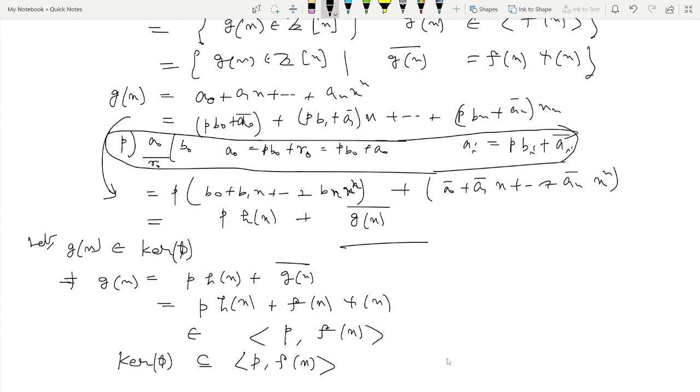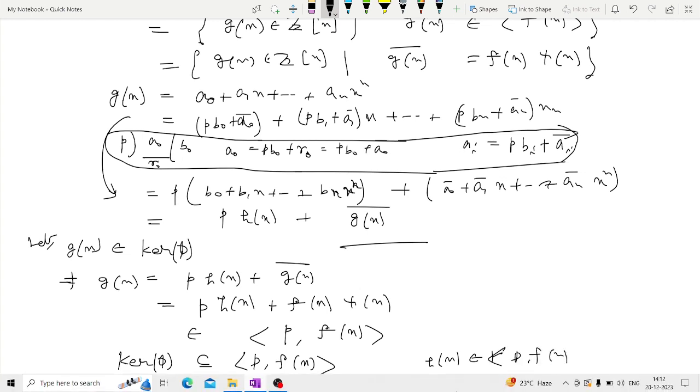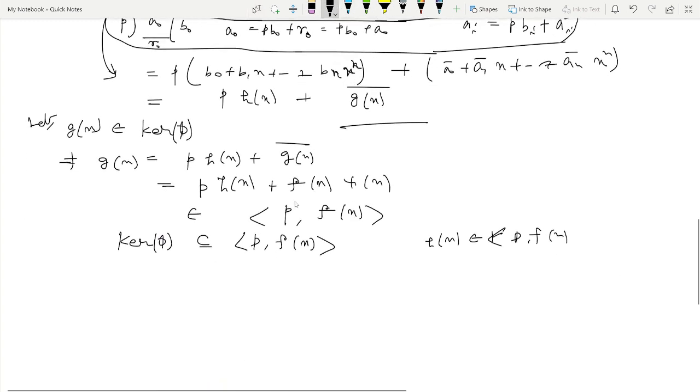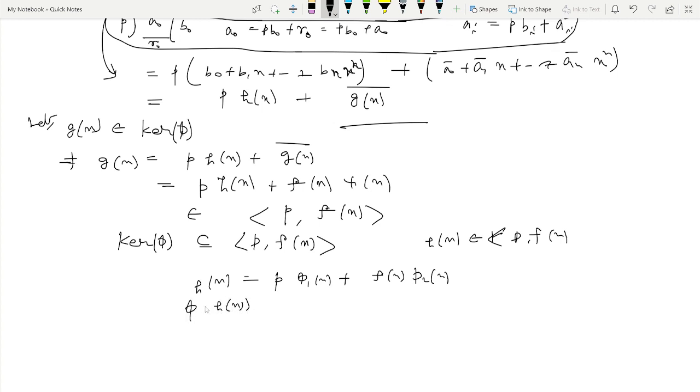And the converse part is very easy, because if we take any h(x) belonging to the ideal generated by p and f(x), then h(x) will be of the form p into some polynomial say phi1(x), plus f(x) into another polynomial say phi2(x). Then phi of h(x) will be phi of these things.